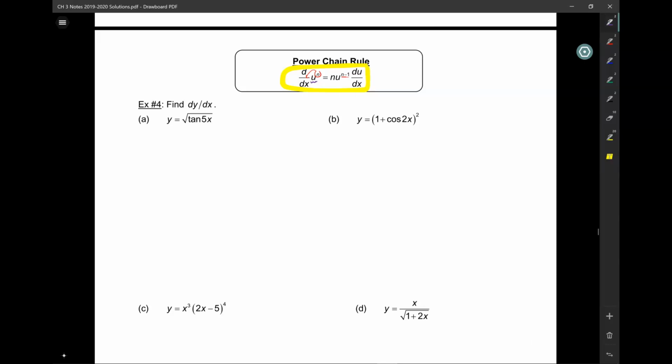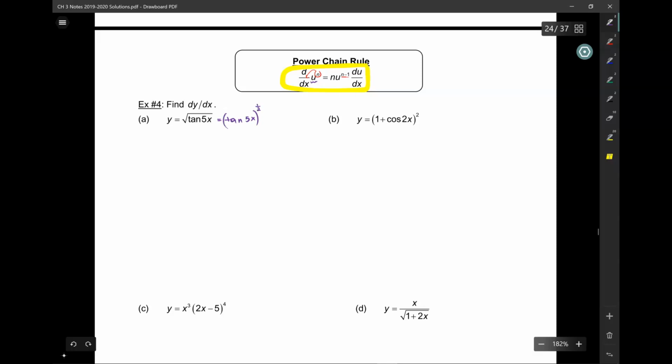Okay, so take a look at this one. I have the square root of tangent of 5x. So do you see how there is a square root? Inside there is a tangent. Inside there is a 5x. Okay, first I like to rewrite this as tangent 5x to the 1/2.